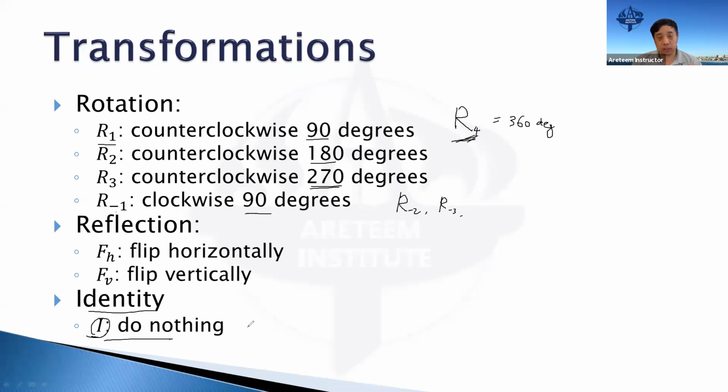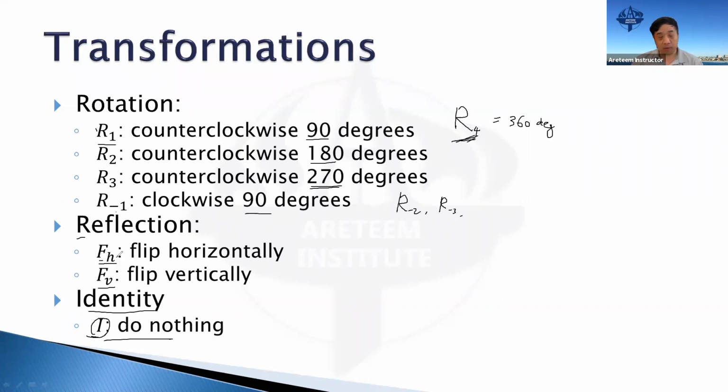Those are the transformations, the kind of actions we take, and every action we give a name. Call it a rotation or call it a reflection. The reflection FH is a flip horizontally, left to right, right to left. And FV is a flip vertically. I don't want to use R because I already used R for rotation, so for reflection I use flip.